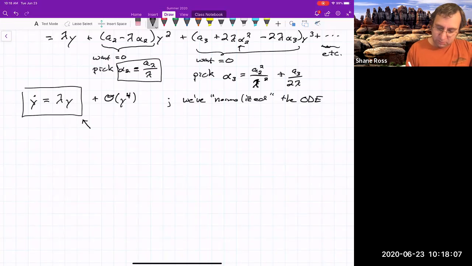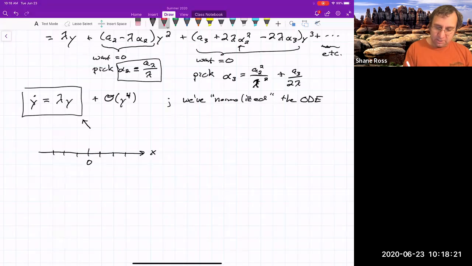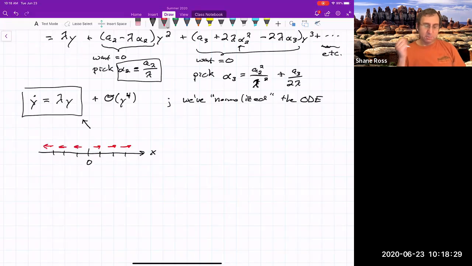And maybe it's useful to think of a picture. So we've got our x space, and here's the origin. And we'll plot, you know, what does the x vector look like? I guess the sign of these arrows depends on if lambda is positive or negative.